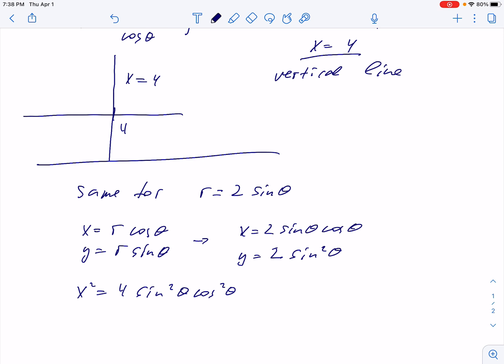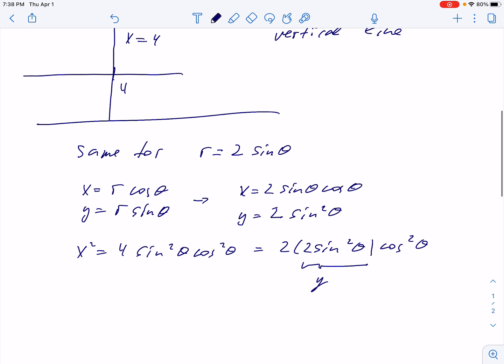And we can actually find y participating here, because I can write this like 2 times 2 sine squared theta and then cosine squared theta, and we can find y as part of this expression.